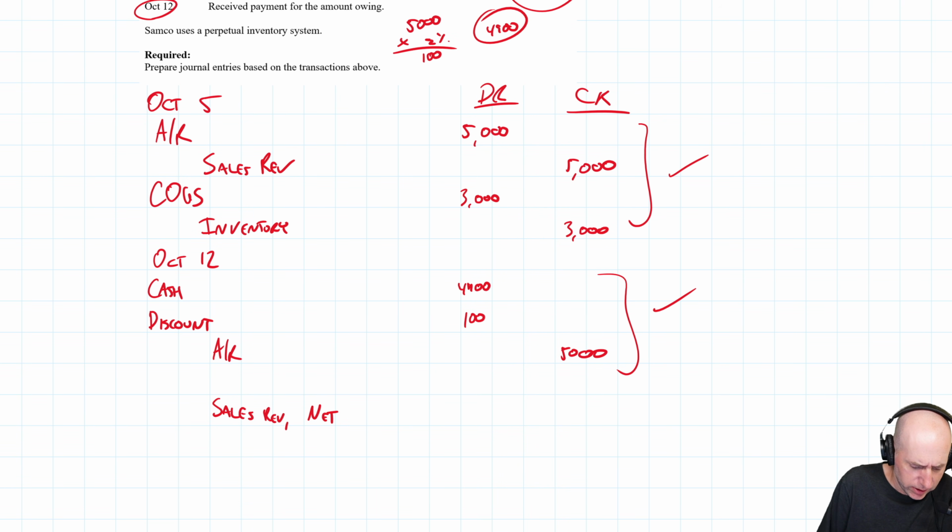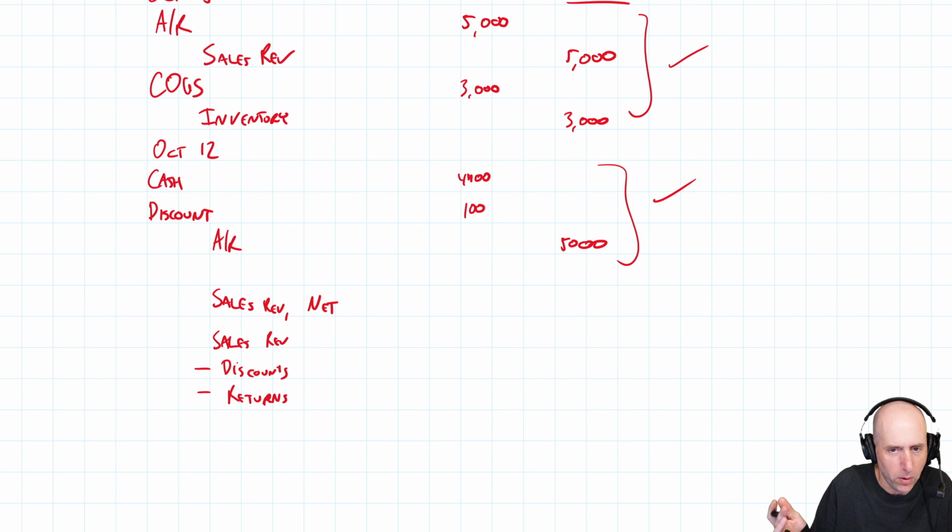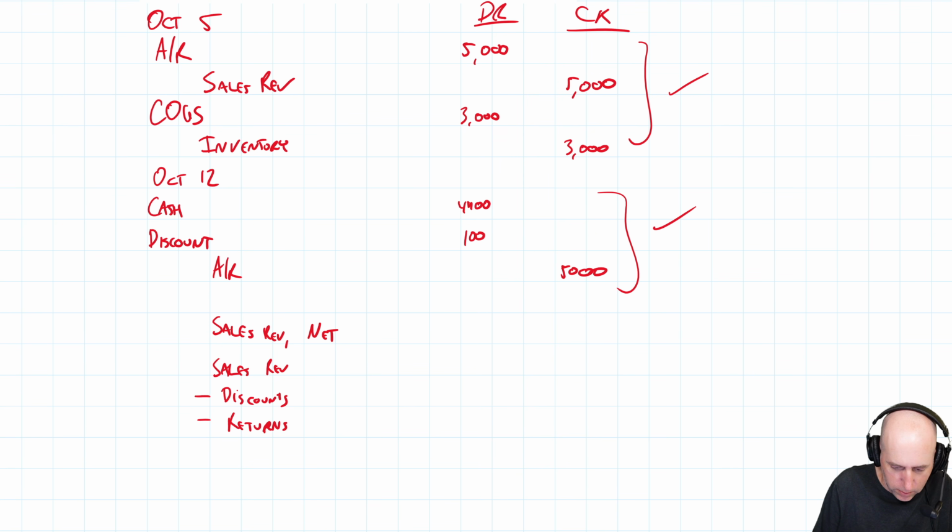What is net sales? It's sales minus any discounts that we grant, minus any returns. And we want to track those separately to know how much discount and how much return we're offering. So for our company's net sales, we have sales revenue of $5,000.